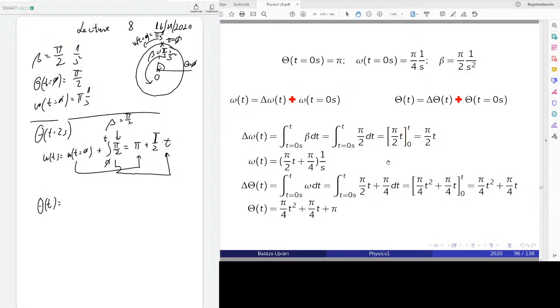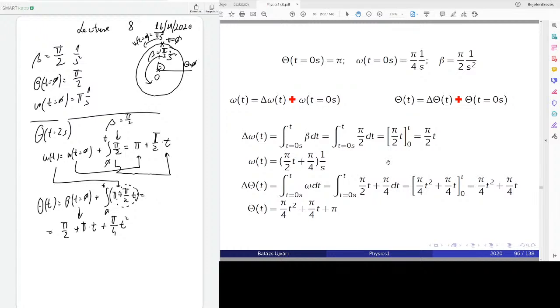And what is theta(t)? Theta(t) equals theta(0) plus the integral from 0 to t of the angular velocity, which is pi plus pi over 2 t. Theta(0) is pi over 2, and this part will be pi times t plus pi over 2 t, the primitive function is pi over 4 t squared.